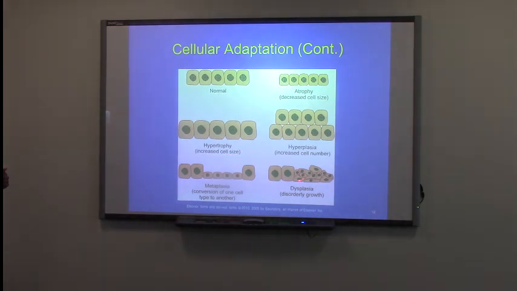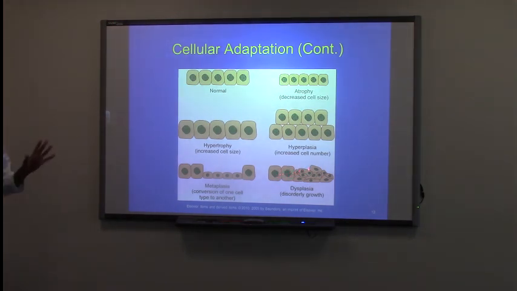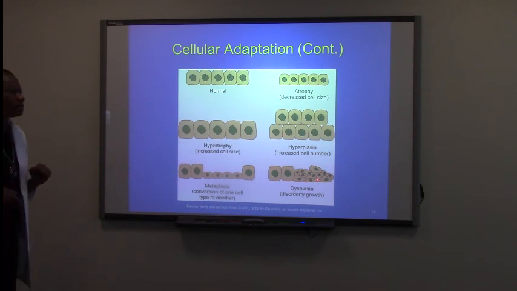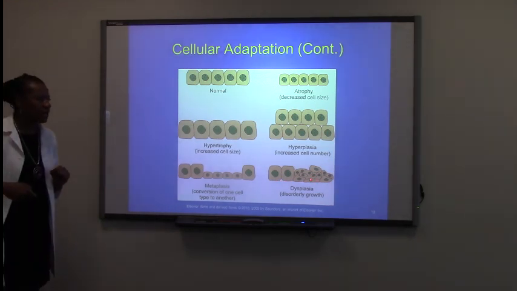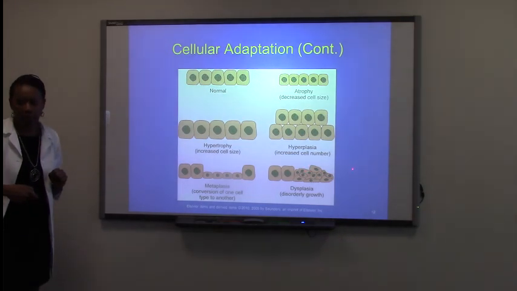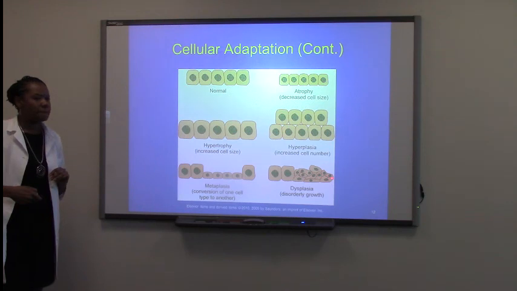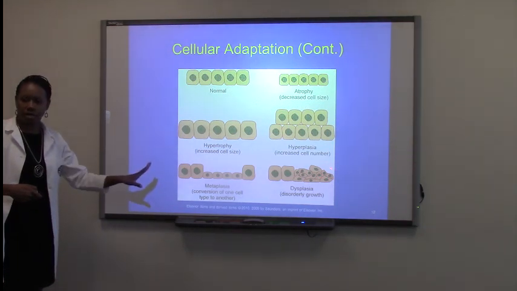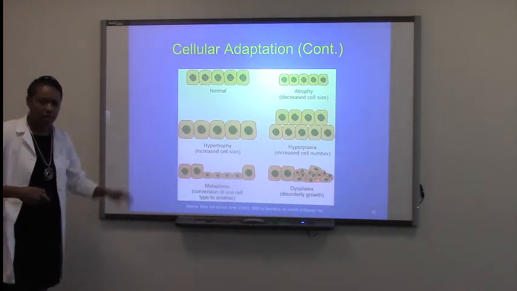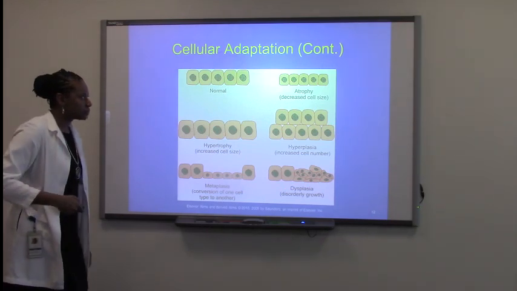When we get to dysplasia, dysplasia is irreversible. I want you to understand that dysplasia is irreversible. I don't want you to think that it is reversible. It's irreversible because at this stage, if it's that disorderly, it's not going to go back to its normal size or shape. The only way to get rid of that, as I told you, is any kind of procedure to remove the cells.